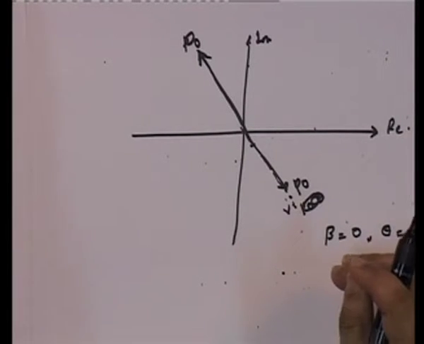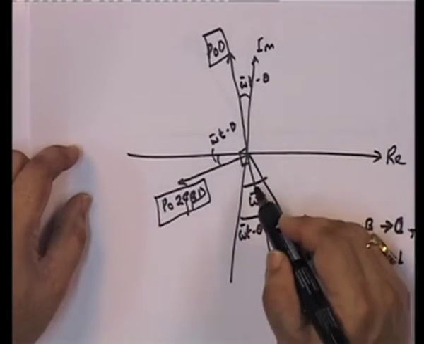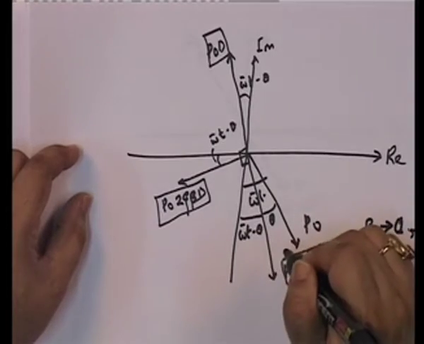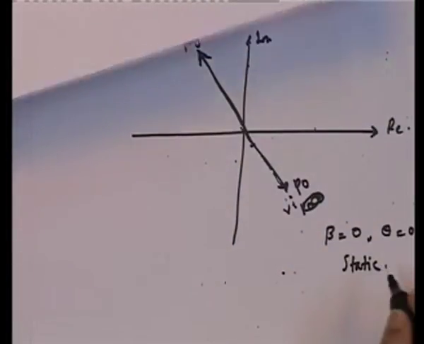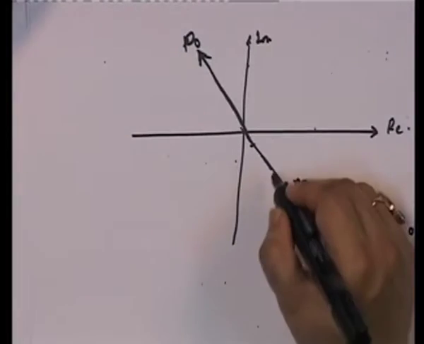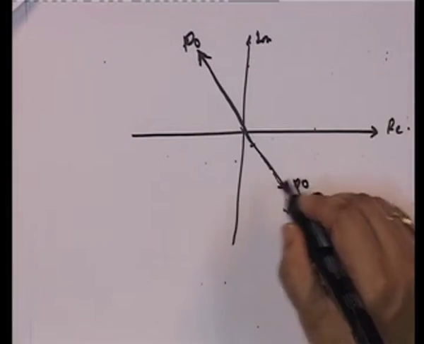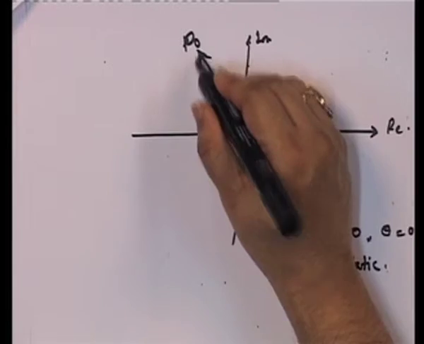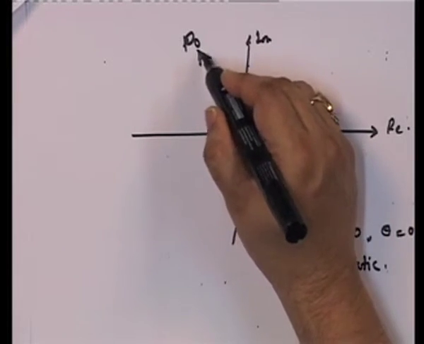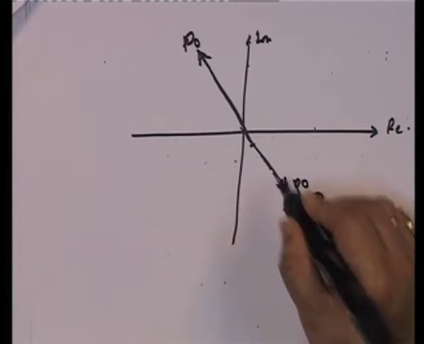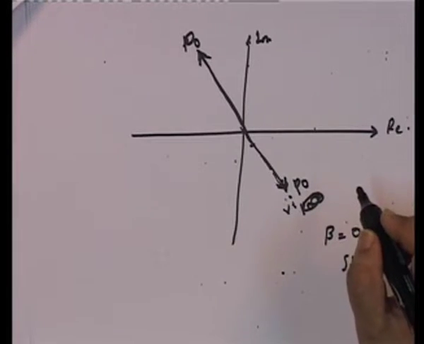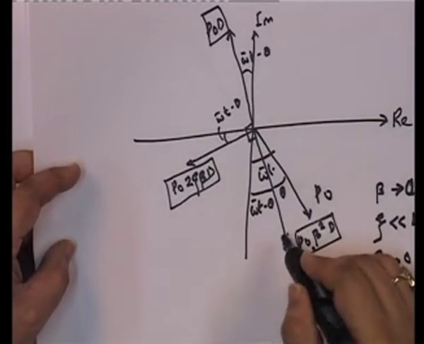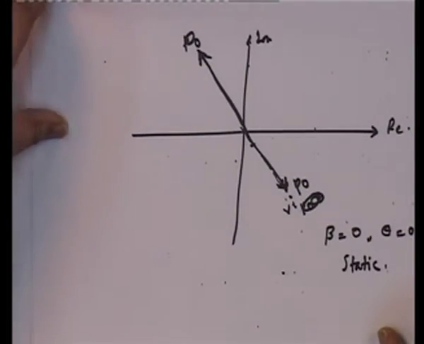So, in the static case this becomes the trivial solution, where the equilibrating force, which is the elastic force, is P naught, the applied load is P naught, and inertial force and damping force are 0. So, that is the static case, very easy to understand.